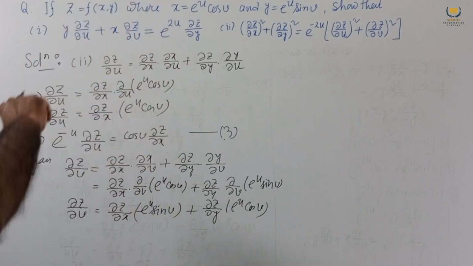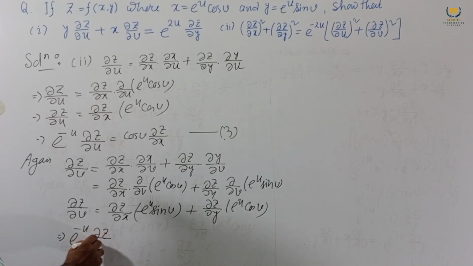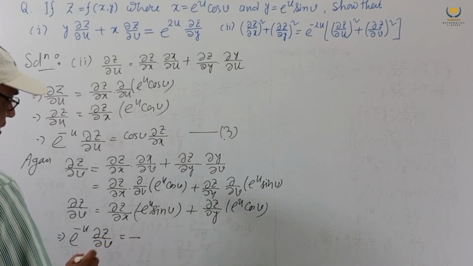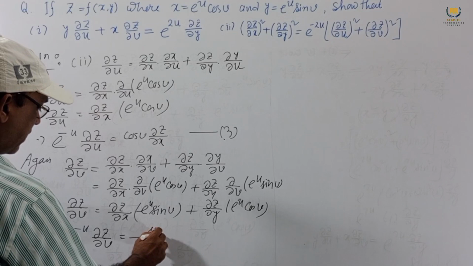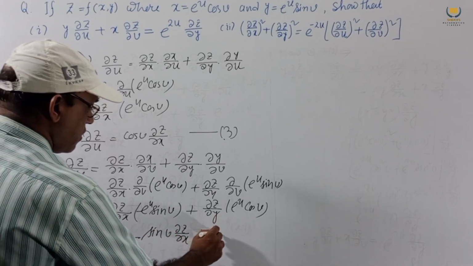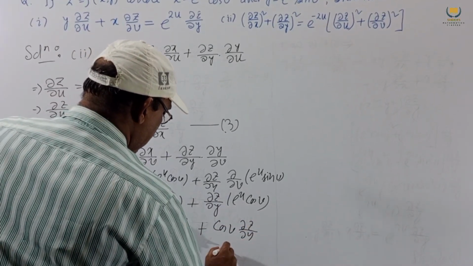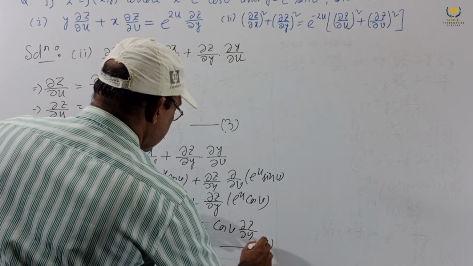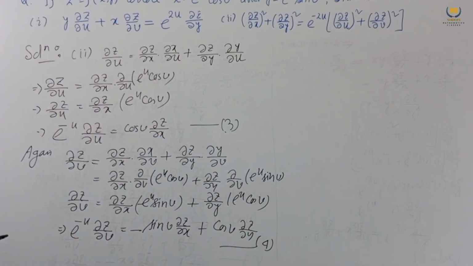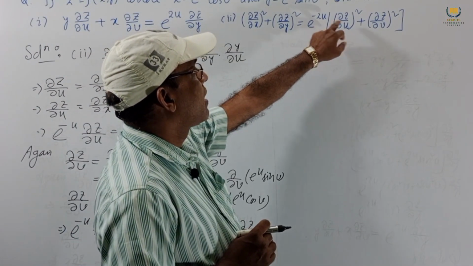Again multiplying both sides by e to the power minus u, we get e to the power minus u del z del v equal to minus sin v del z del x plus cos v del z del y. This is number 4. In our answer we get e to the power minus twice u and this whole square.